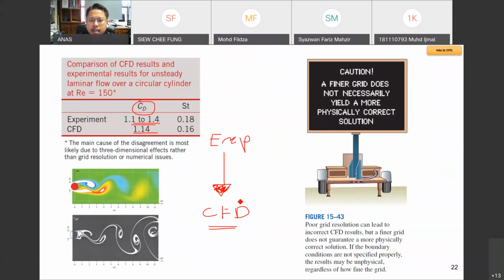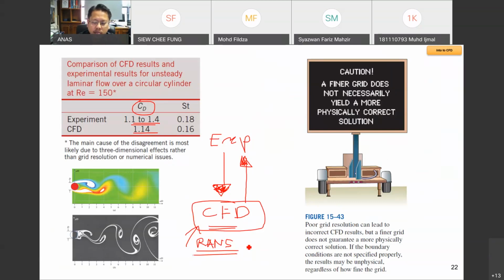We cannot say CFD is used to validate experimental values. These are two different things. Because CFD basically is an estimation. Remember, we have to make several assumptions. We have to make several modifications or simplifications of our domain, for example. Again, if we use RANS model, RANS is just an average value.